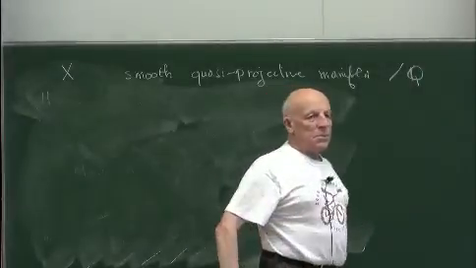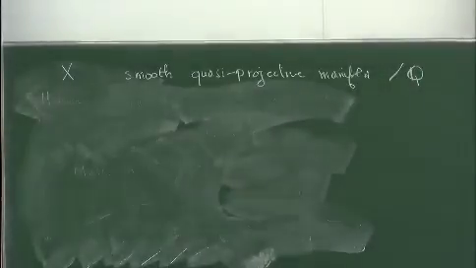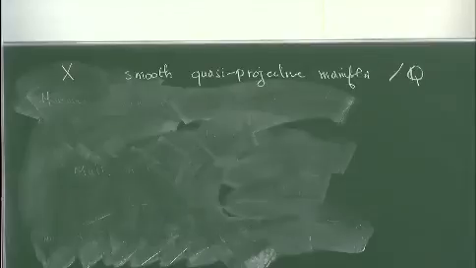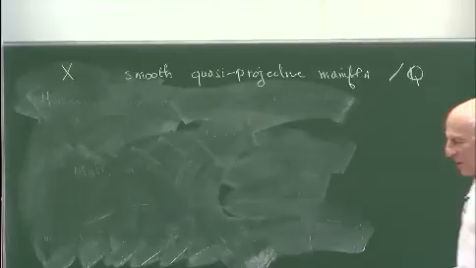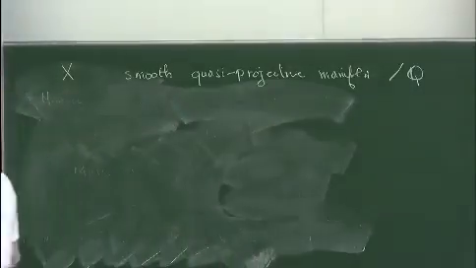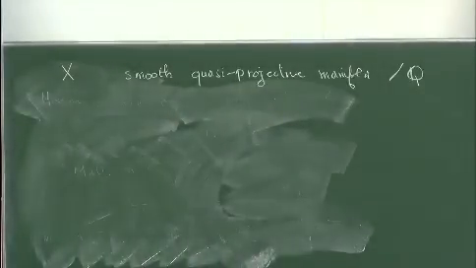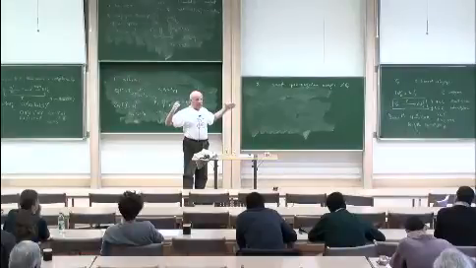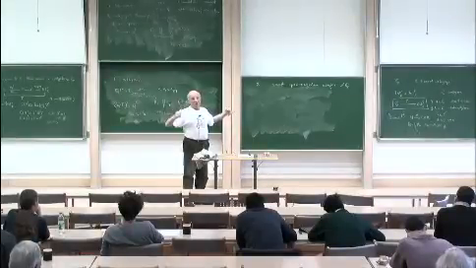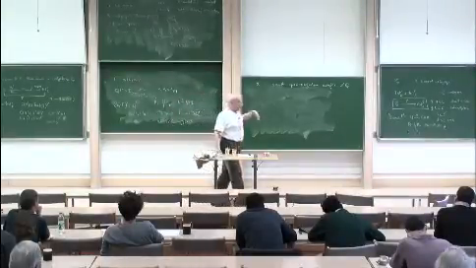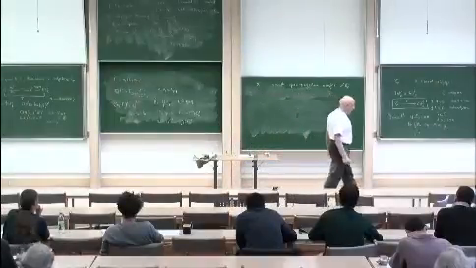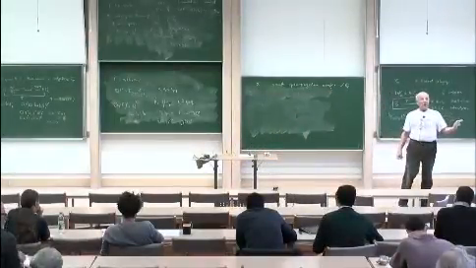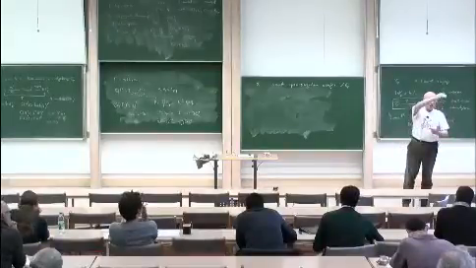You could do with a number field, but there is a well-known construction by André Weil, descent of the ground field, which enables you to reduce everything to the rationals. Quasi-projective means that it is obtained from a projective algebraic variety by removing some subvariety: a Zariski open set in an algebraic variety. We want to allow not only projective varieties but also affine varieties, which are obtained by removing the points at infinity.